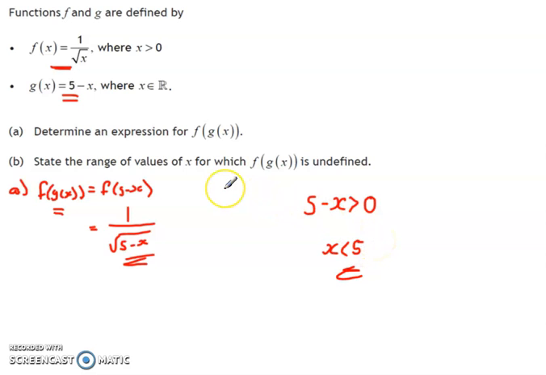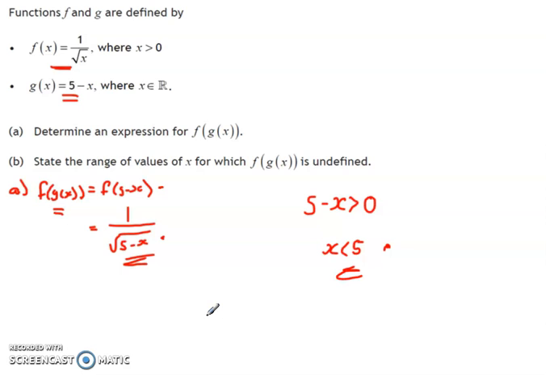Now this question is a fairly quick one. It's a 3 marker: 1 for knowing you're doing f of 5 minus x, 2 for getting the solution, and your third mark comes by knowing x less than 5 is the range. Even if you don't state 5 minus x has to be greater than 0 and you go straight on to x is less than 5, you'd still get the mark.